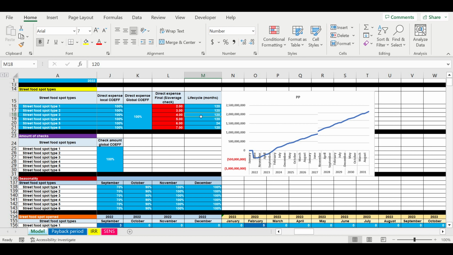So, for example, street food spot number 5 generates losses, and we create the portrait for the street food spot generating losses, and we say that after 24 months of operating activity, this type of spot will be closed.